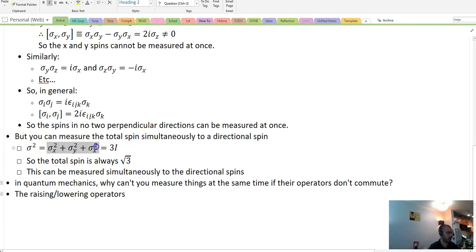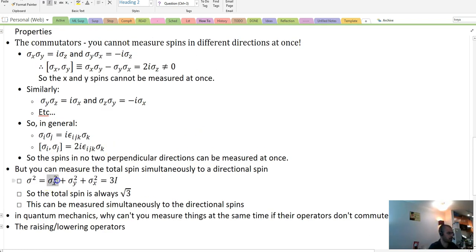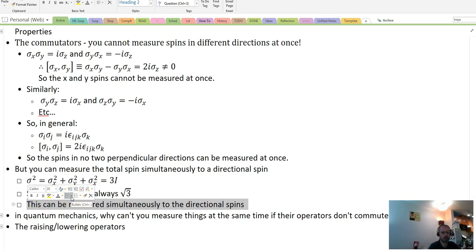We do Pythagoras, so we just need to get the x, y, z. This ends up being 3i because each of these squared gives you i, so it ends up being 3i. So the total spin is always root 3, and i commutes with anything, right? So we can measure the total spin along with any single directional spin simultaneously.